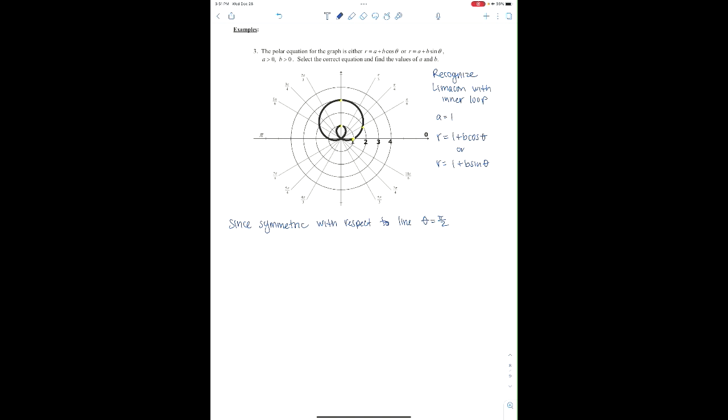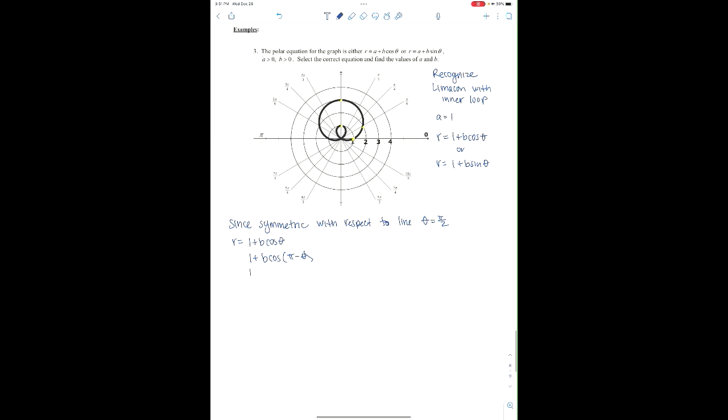So let's check each of these. Let's check the first one, r equals 1 plus b cosine theta. This means we have to plug in pi minus theta. So 1 plus b cosine of pi minus theta.